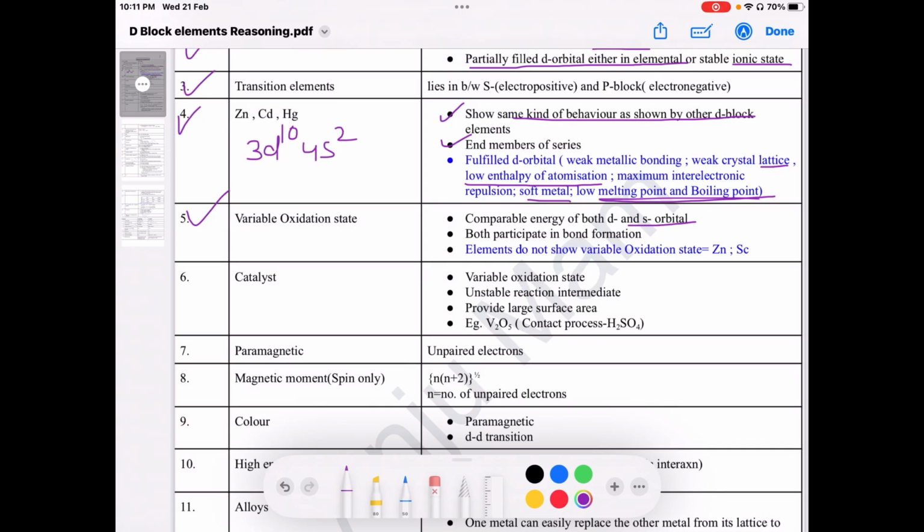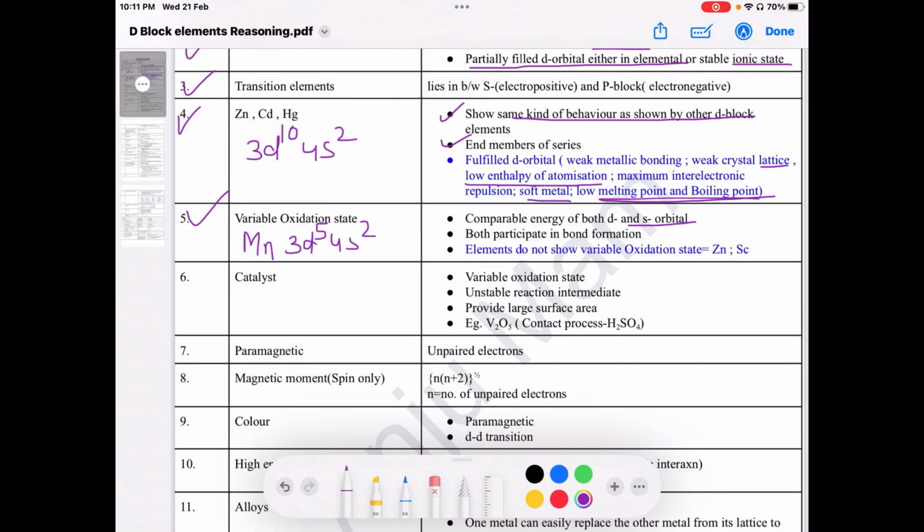For example, manganese Mn has configuration 3d5 4s2. In Mn2+ it is 3d5. In Mn4+ it is 3d3. In Mn7+ it is 3d0. All these configurations are possible because of the active participation of d as well as s orbitals in bond formation.